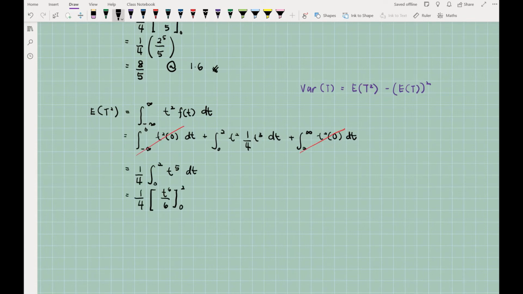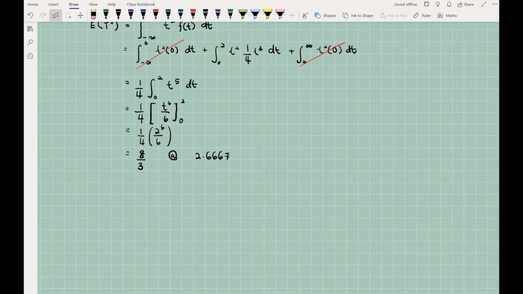If you simplify this, you are going to have something like what I have on my final line there, where we have 1/4 multiplied with t power 6/6 with the limit from 0 to 2. Okay, so from here we can just simplify the value and find your answer. And once you substitute the value of the limit, we will get the answer for expected value of T square is 8/3. So from here, we can just proceed with whatever the question asks for, which is variance of T.